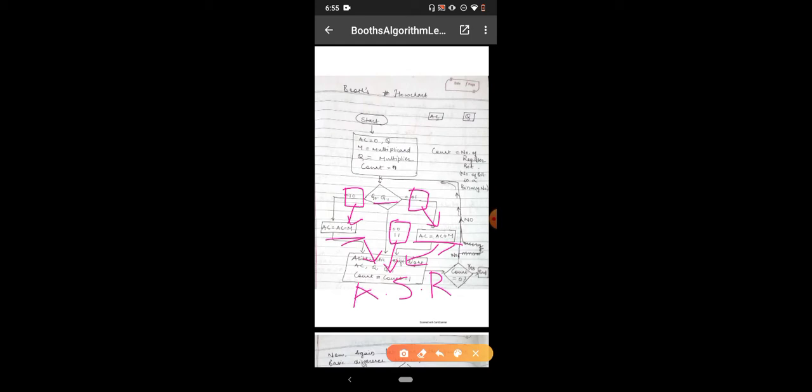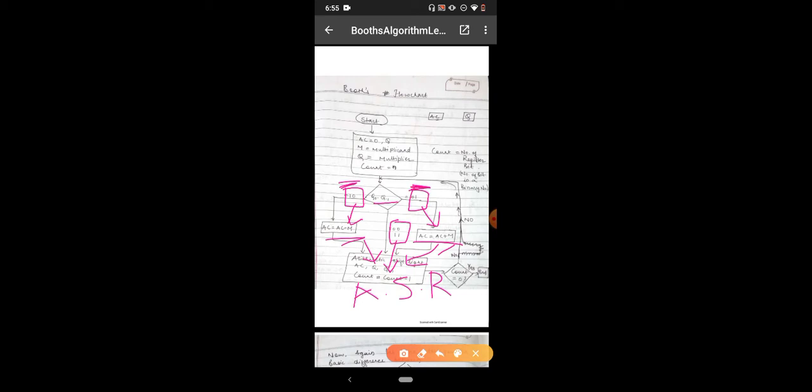In short, we do an arithmetic shift right no matter whether the value is 1 0, 0 1, 0 0 or 1 1. The only thing is that if it is 1 0, we do arithmetic shift right after the subtraction, and if it is 0 1, we do arithmetic shift right after performing the addition.